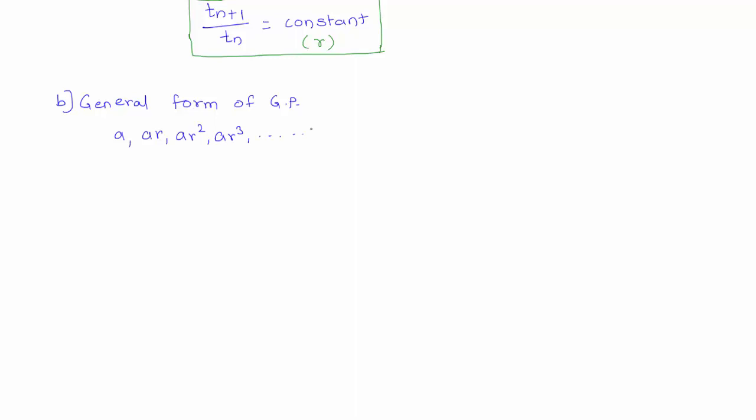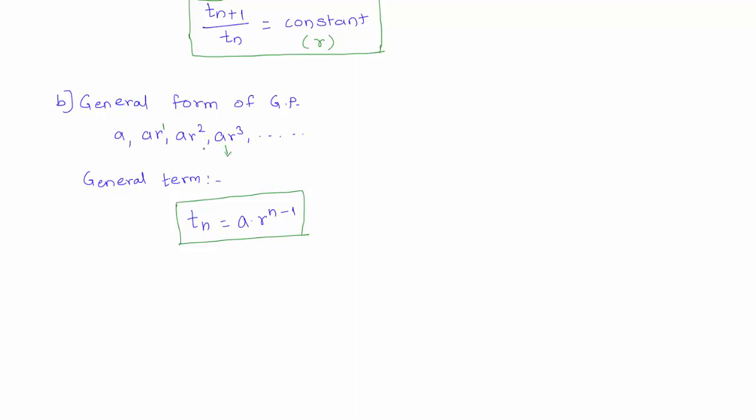So this is called the general form of a GP. The general term is denoted by Tn and it is given by A into R raised to n minus 1. Now how to remember this? If you look at the first term, it is A. The second term AR is A into R raised to 1. The third term is AR square. The fourth term is AR cube.